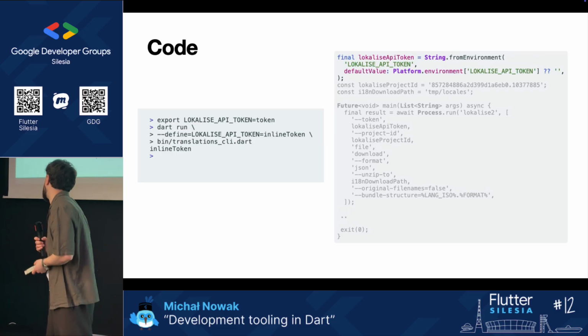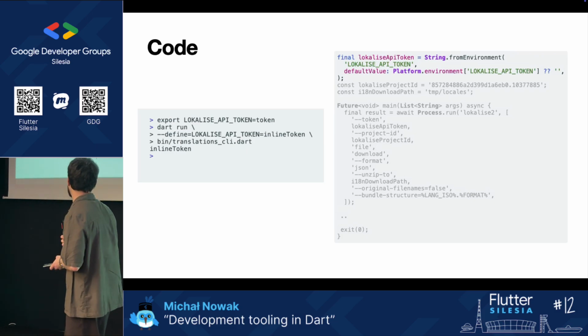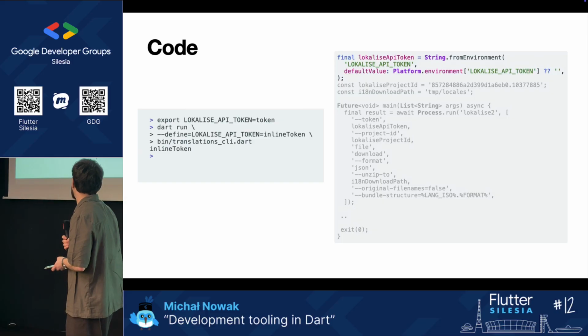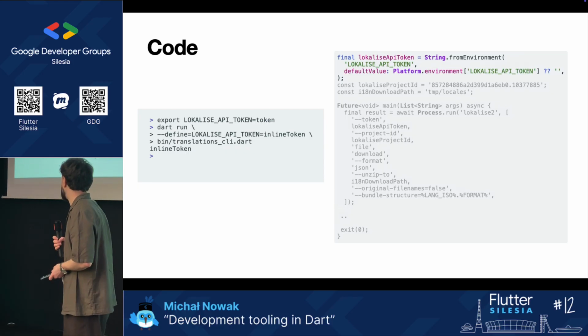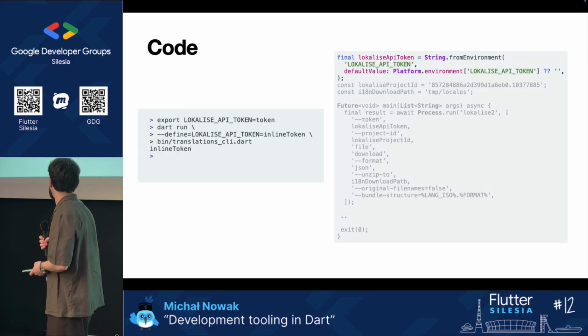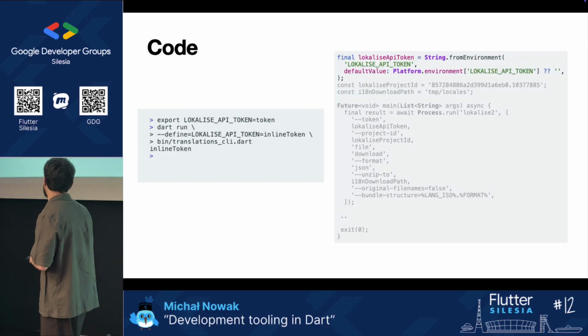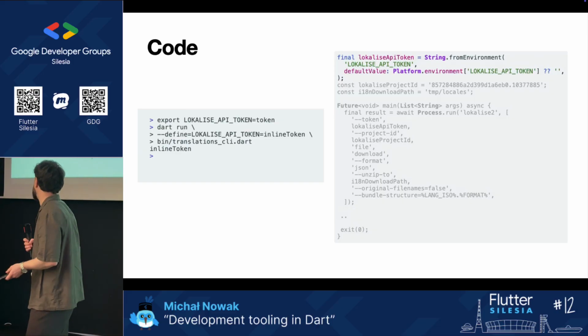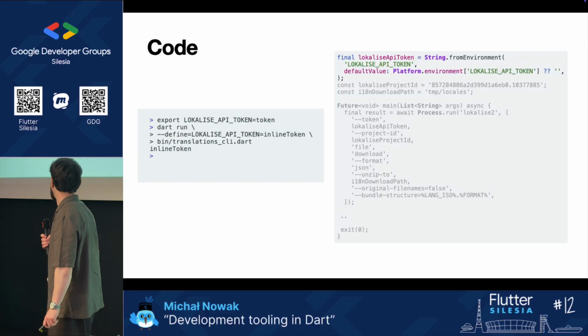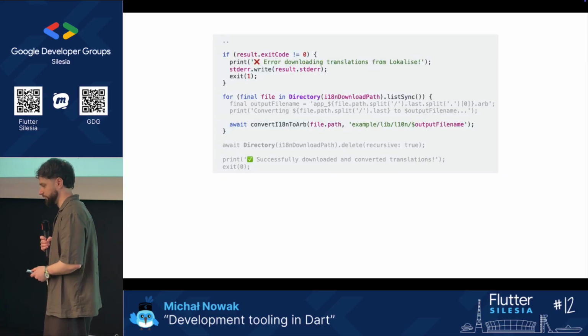We can do that pretty easily with Dart. There are a few ways you can do that, either with the define flag or through exporting the key to your shell environment. And this code just takes the precedence of the defined value, and if it's not there, it just uses the environment variable.